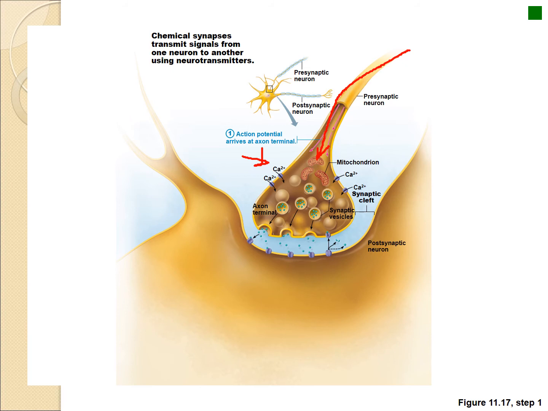And then that causes these vesicles, we're going to see, to eventually move, to spit out neurotransmitter in that cleft. Now the neurotransmitter, if all things are okay, is going to attach to these little things called receptors on the postsynaptic neuron. Okay, so there we go.